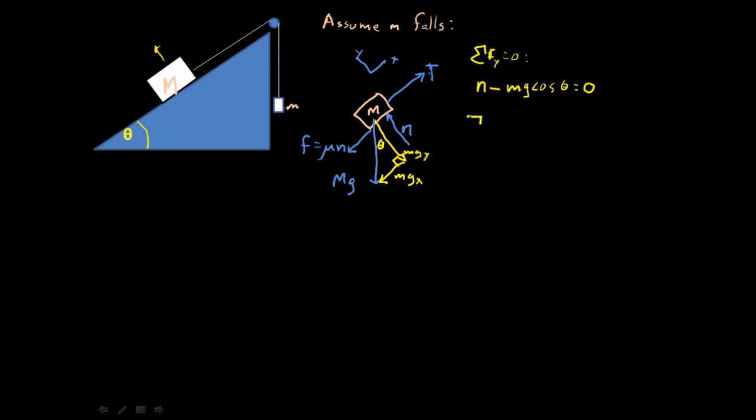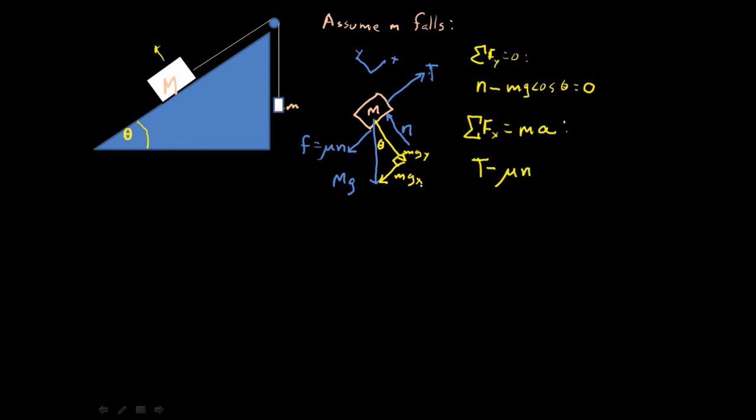In the x direction, it is accelerating up the ramp. So the sum of the forces in the x direction is not 0. It's mass times acceleration. And so what forces do we have in the x direction? Well, the tension is a positive force in the x direction. The friction is a negative force in the x direction, so minus mu times the normal force.